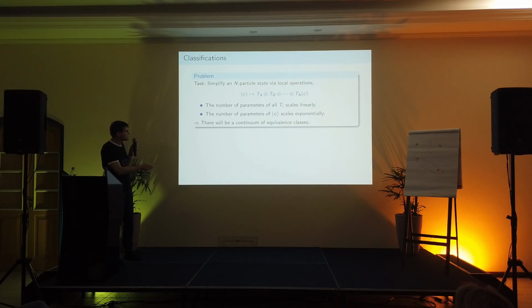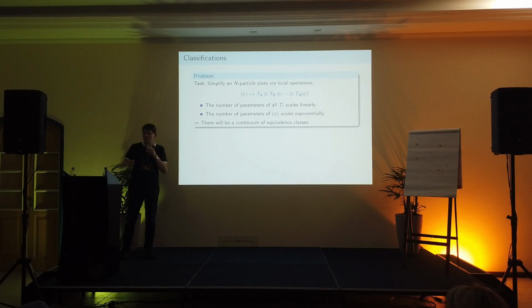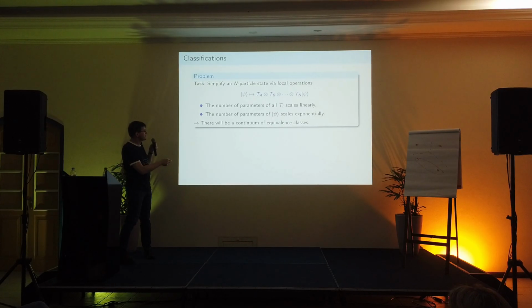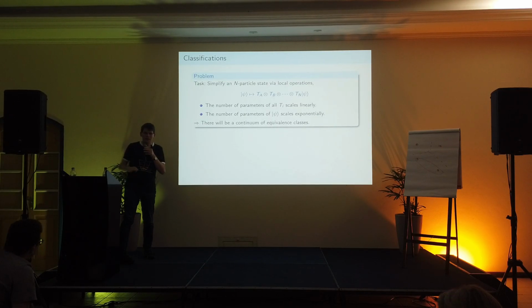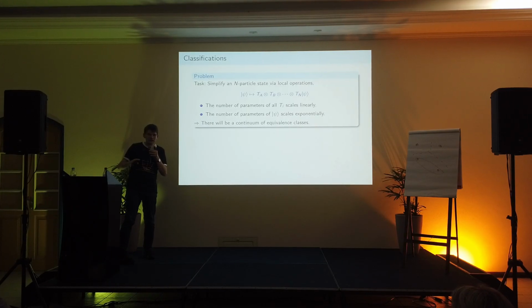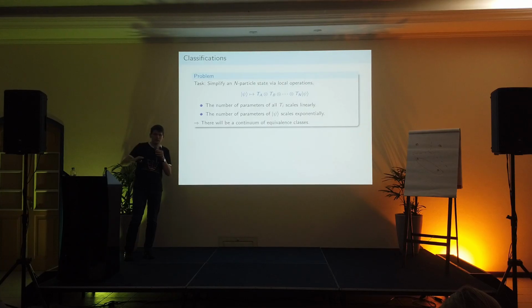But the number of parameters of the state scales exponentially, as the dimension of the Hilbert space. And this means, if you want to do such kind of simplification, may these be local unitaries, or SLOCC, or whatever, this will typically give you a continuous family of equivalence classes, just from the parameter count. And from that, it should not be a surprise that for 4 qubits, you find infinitely many SLOCC classes, as I mentioned before. It's just the parameters.